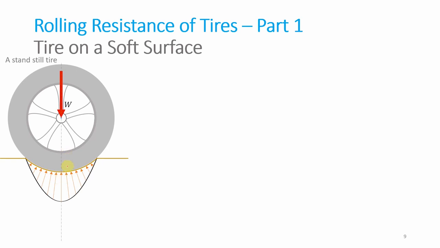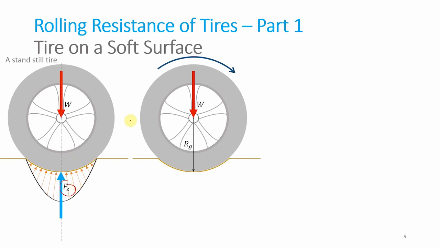Now this is the case of a tire when the tire is standing still, and all the stresses will combine to form Fz, the normal force. Now what happens when the tire rotates and moves? Still we can assume that there are no shear stresses at the contact area of the tire and the surface.